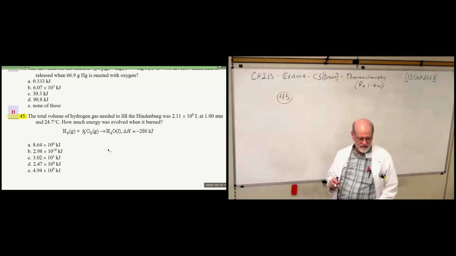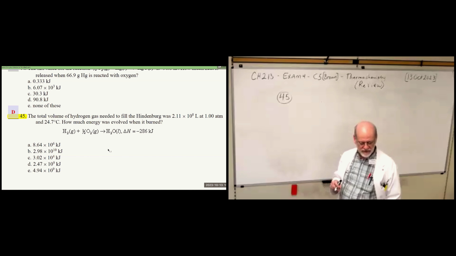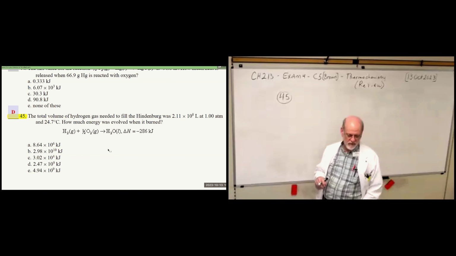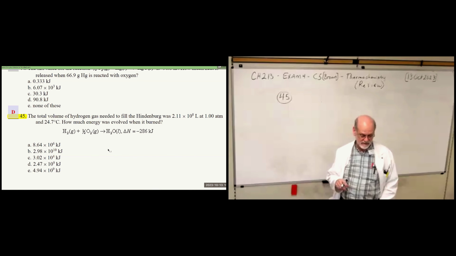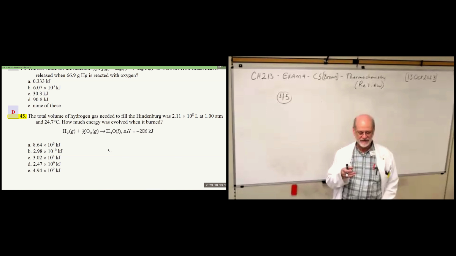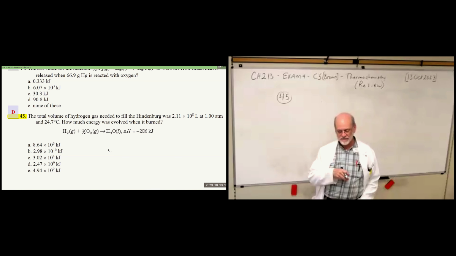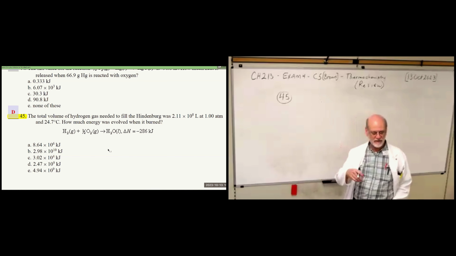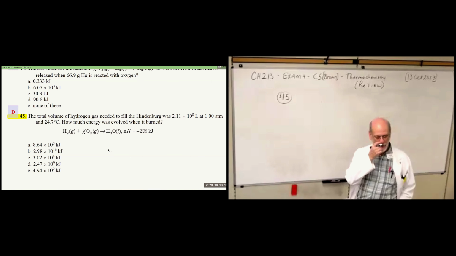The total volume of hydrogen gas needed to fill the Hindenburg was 2.11 times 10 to the 8 liters at 1 atmosphere, 24.7 degrees Celsius. How much energy was evolved when it burned? Has everybody seen the movies of the Hindenburg crashing and burning? You haven't?